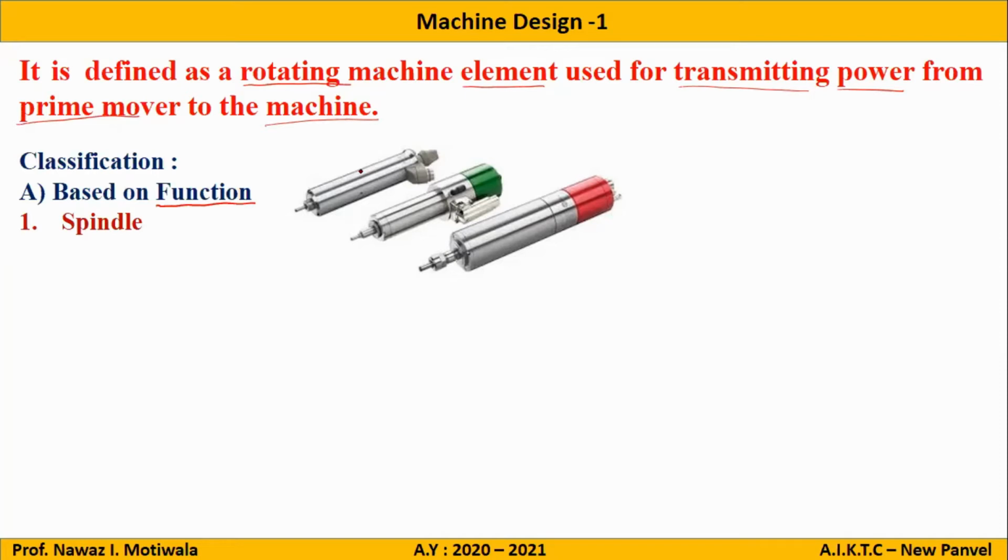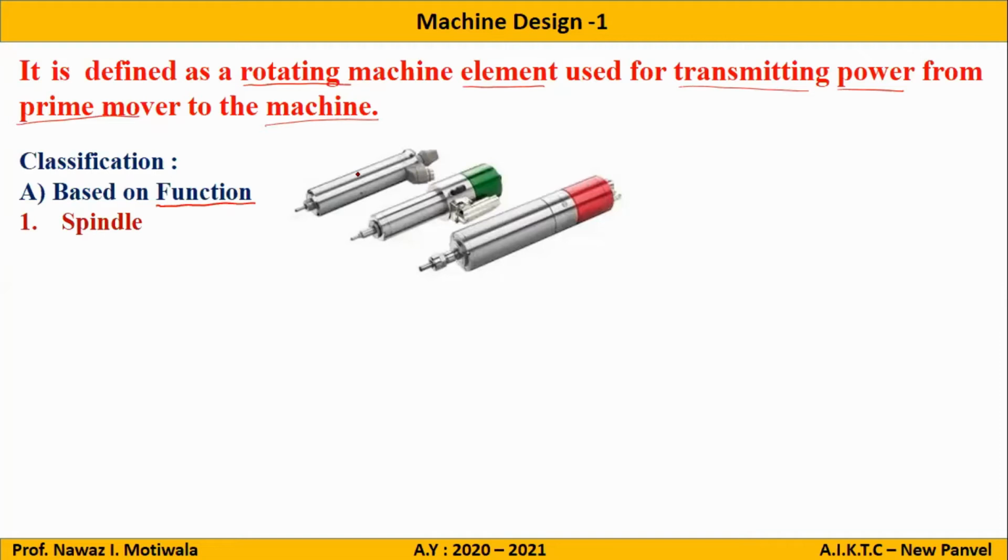This can be a part of MCQs. So the first point which I told, spindle is a shaft having less length and is designed only for twisting movements or torque. The examples are the headstock of the lathe machine, or a drilling machine spindle.